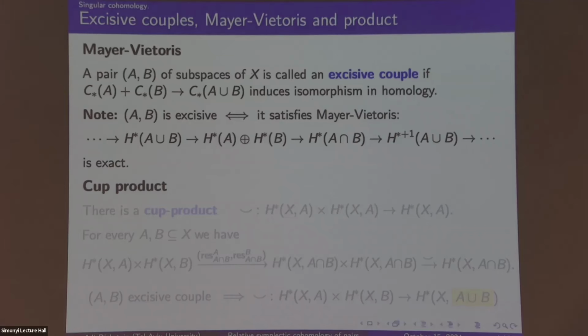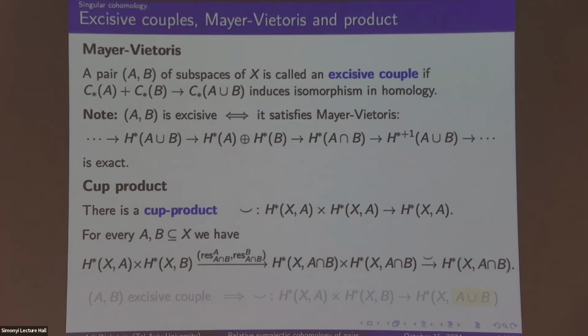Also, we have the cup product. The cup product is defined for pairs. It goes from the cohomology of (X, A) with itself to the cohomology of (X, A). And for any pair of subsets, we can define a product of the cohomology of (X, A) with the cohomology of (X, B), and it goes to the cohomology of (X, A intersect B). That happens in general: we use the restriction map and then the cup product.